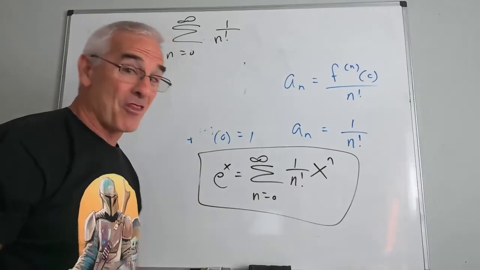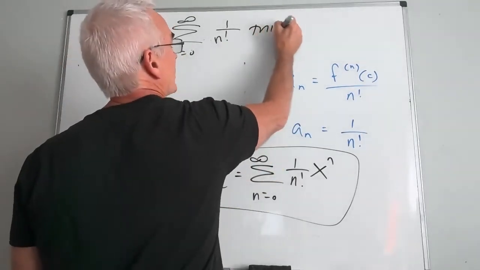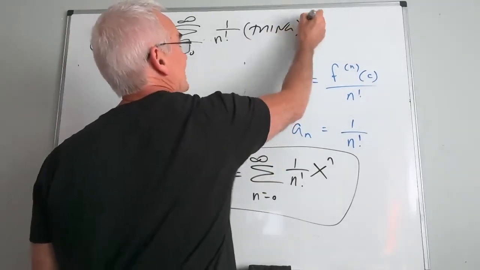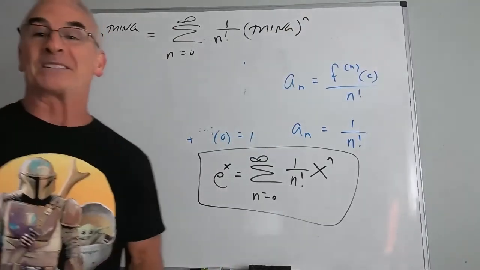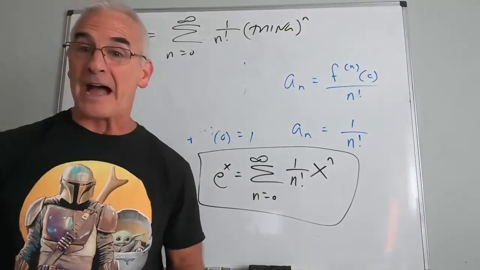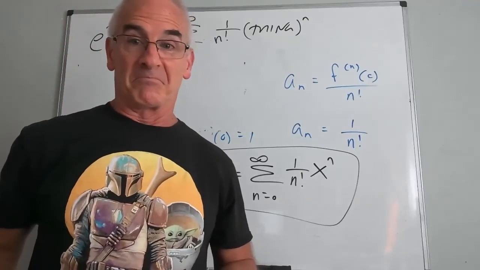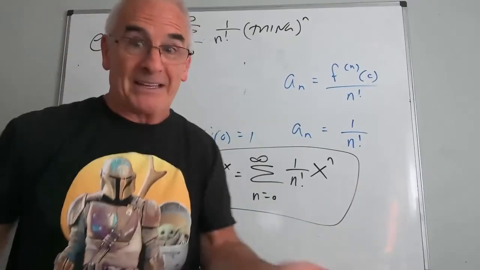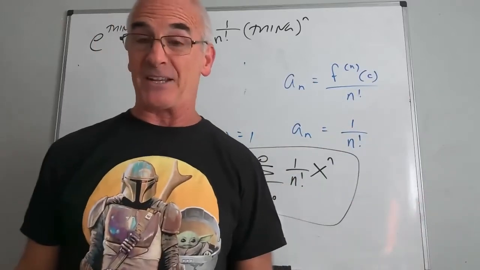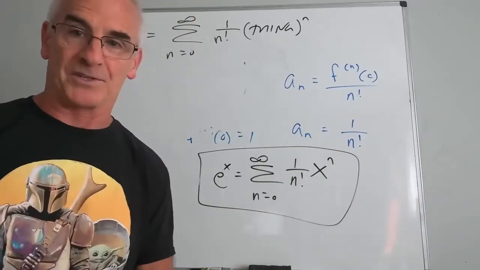Thing to the n over n factorial. And this is one of the single most important results in all of Calc 2, because that's the thing that's going to allow us, as I mentioned last day, to solve the impossible problems, coming up with an antiderivative of something that can't be integrated and things of that nature. Because of power series.